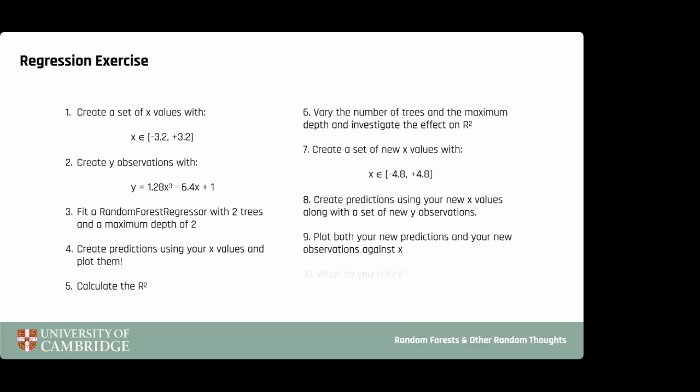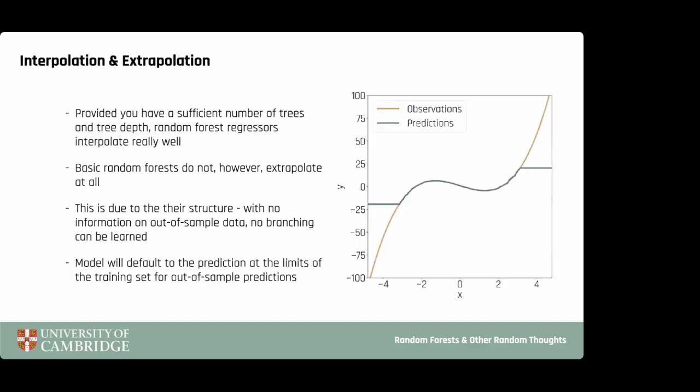The reason I started points 8 and 9 is because if you have a random forest which is doing incredibly well on your training set, on your validation set, and on a test set which is within the limits of your training set, fantastic. But as soon as you start to move outside, its performance basically drops off, and it's probably worse than useless. The reason for this is, when we talked about what random forests are doing, they're basically using conditional statements. So at the very bottom layer, it's going to have values like: if x is less than 1, then do this.